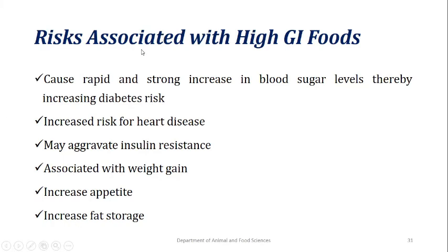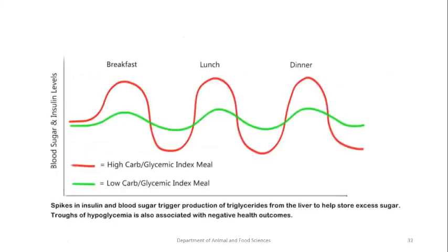Okay. Then this graph shows how our blood glucose level increases and varies depending on two types of diets: the high glycemic index meal and the low glycemic index meal.